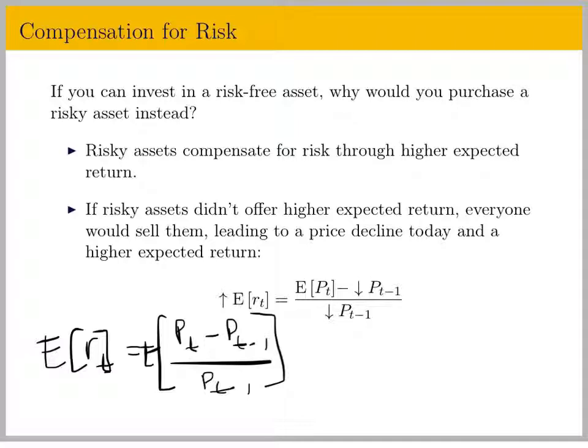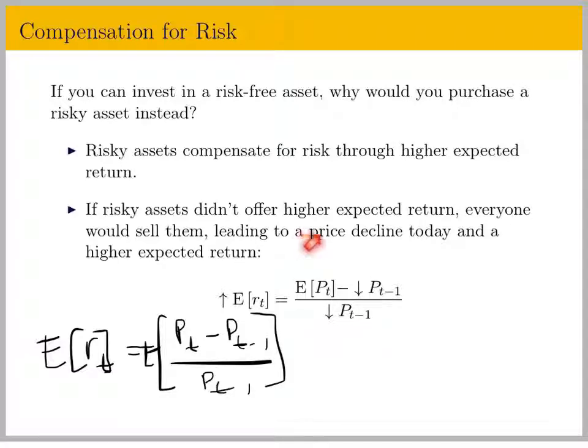And by the properties of expectation, we know that if this is a constant, we can pull it out, and that if this is the only unknown value, so we know the prices now but we just don't know the future price, then the only value that ends up under the expectation is P_t. And so the expected return is equal to the expected price minus the previous price, all over the previous price.